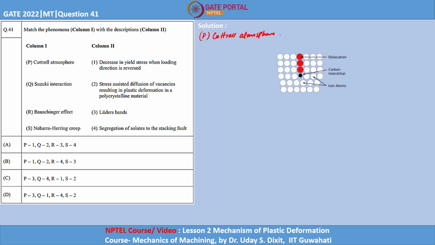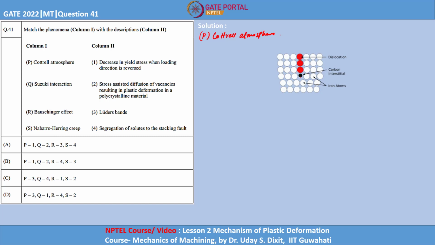So you can see here we have a matrix of iron. Here this carbon got diffused, right? The interstitial carbon atom is diffused along the dislocation line, and this is our extra half plane of that particular edge dislocation. So what is the effect of this diffusion of carbon atoms to the dislocation line?